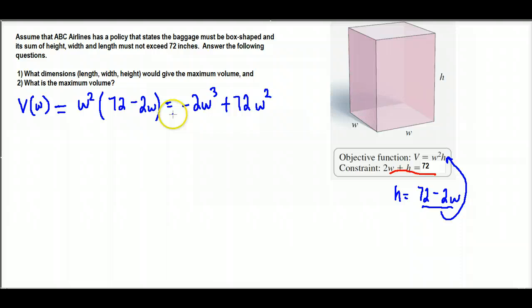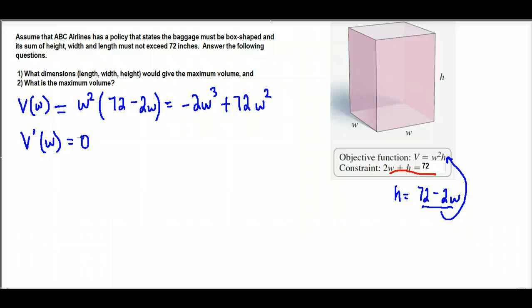Now, just like the last problem, our objective here is that we want to take the derivative of this function and set it equal to 0. And we want to do that because we want to find the place or places where we have a local max or local min. And since we want to maximize, we're specifically looking for local maxima.